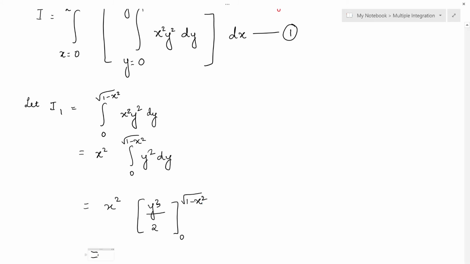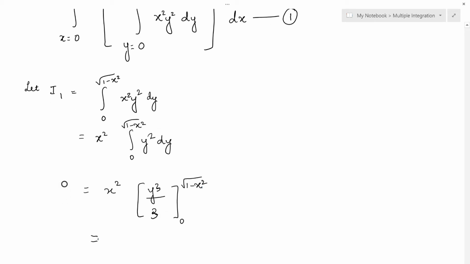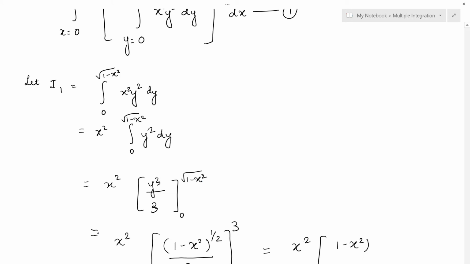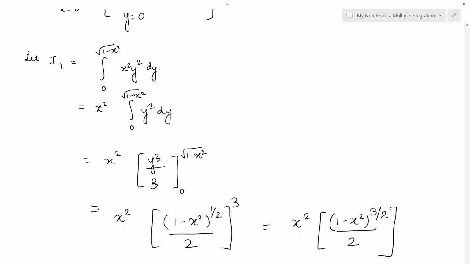If I substitute now, I will get 1 minus x square, which is under root, so it is raised to 1 by 2, and this is 3. So the answer is x square, which is constant as it is, and 1 minus x square raised to 3 by 2 upon 3. So now this is the answer for I1.